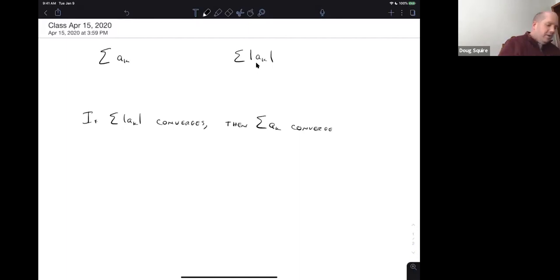Okay, so if the sum of the absolute value of AK converges, then the sum of AK converges. That theorem is called the absolute convergence theorem.